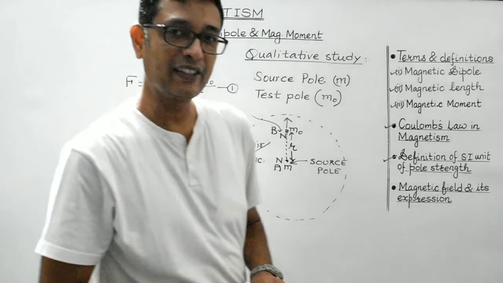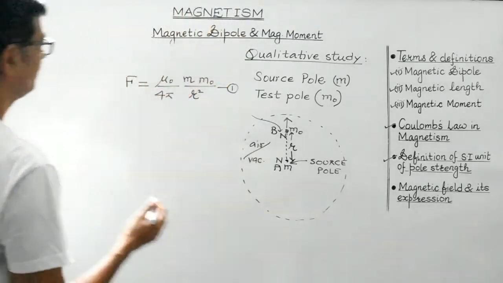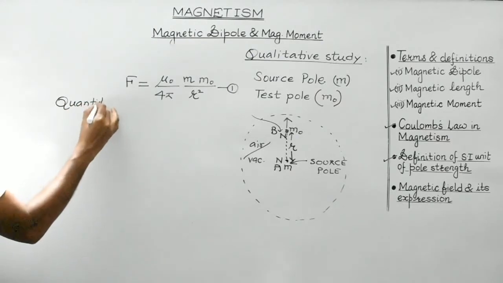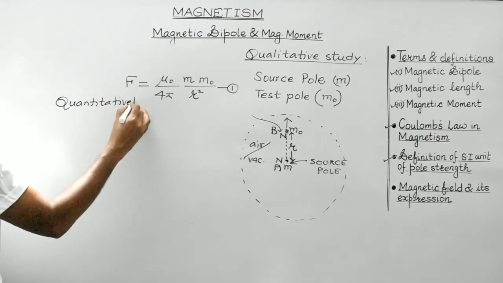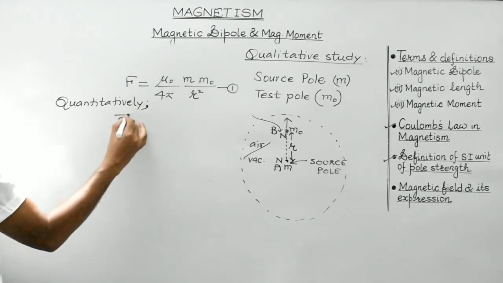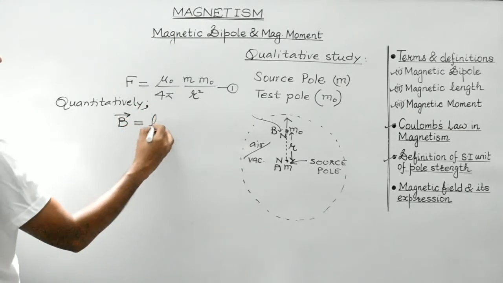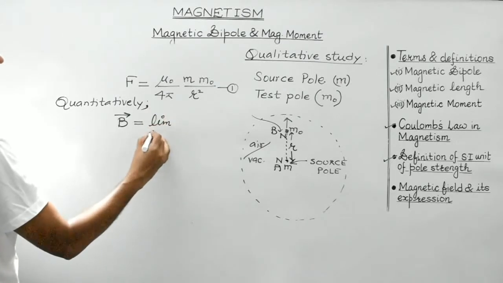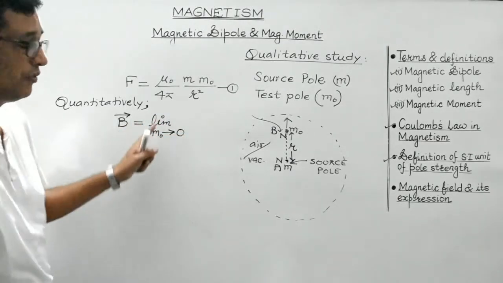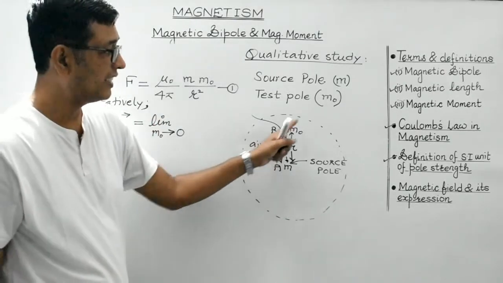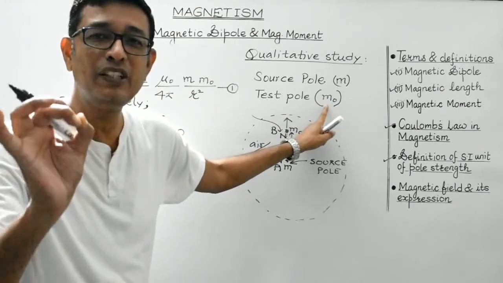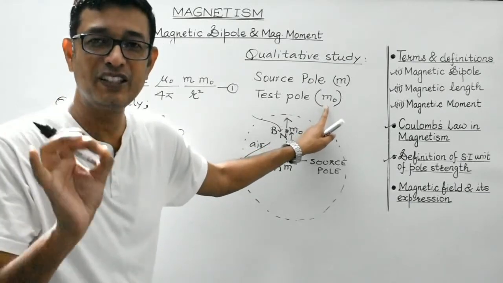Now quantitatively or mathematically, magnetic field, it's a vector quantity obviously, is defined as limit m naught tends to 0. This signifies the fact that this is a test pole. Its pole strength is negligibly small, infinitesimally small.